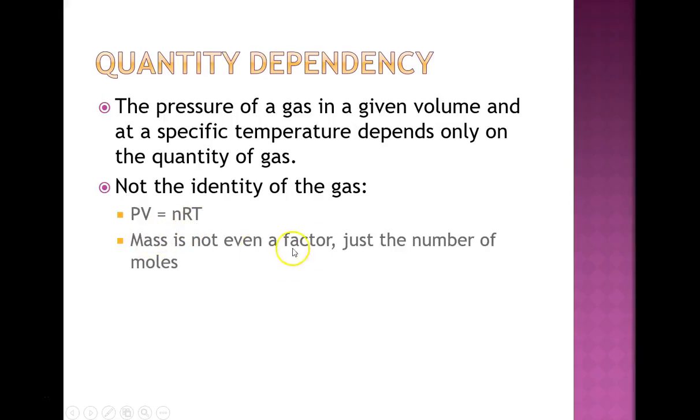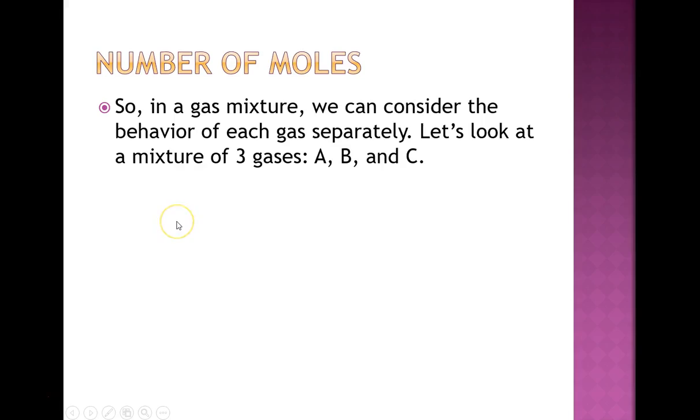Mass is not a factor there, just the number of moles. Granted, mass has a little to do with the number of moles, but mass doesn't play any role in the pressure of a gas, just the number of moles.